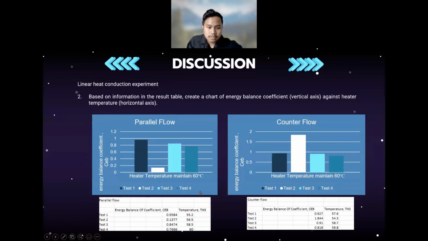As you can see, according to the table data, we put in the data and make the chart for parallel and counterflow.